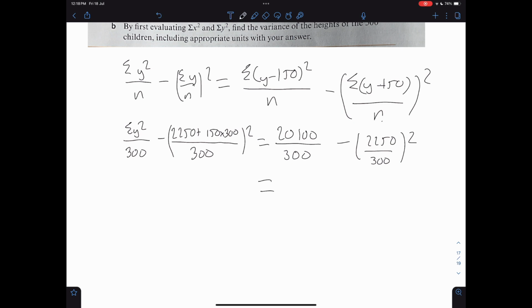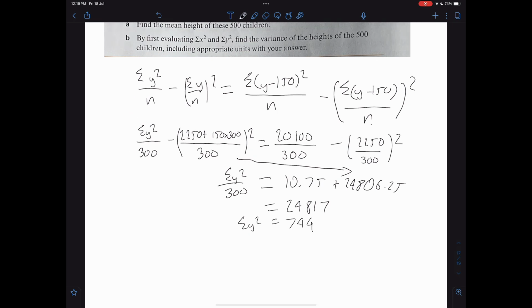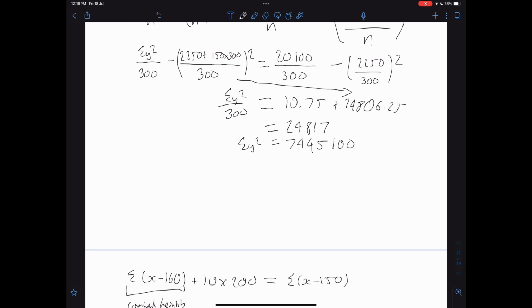So on the right hand side we have 10.75. I'll just skip straight to the rearranging. This is that if you didn't cotton on. So the sum of y squared is going to equal 7,445,100.